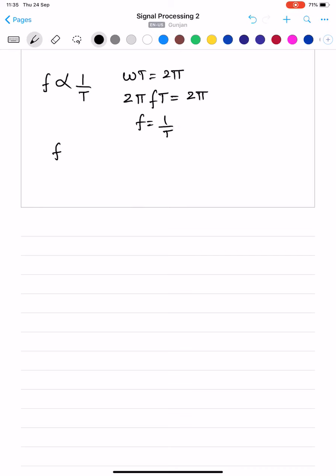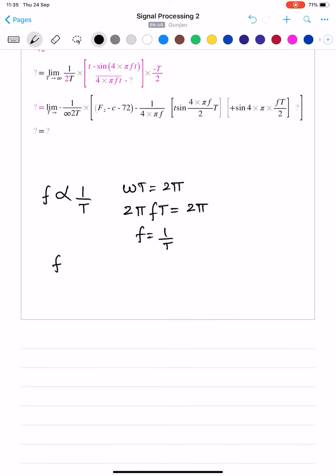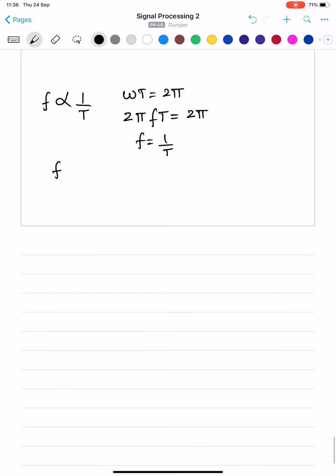So when you have f and T, this f and T can be replaced by 1, since f into T is equal to 1.